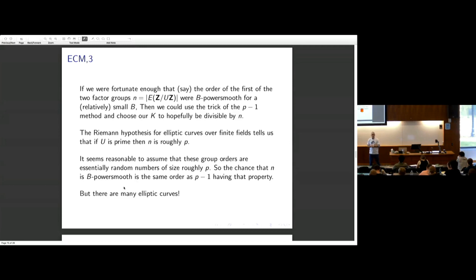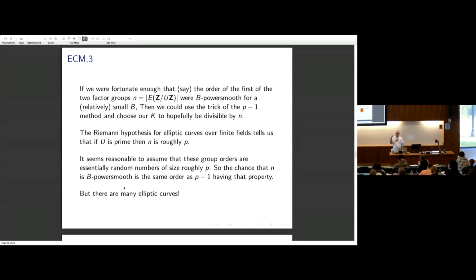So we're going to assume that the numbers that you get as orders of groups of points on elliptic curves mod p, where p is large, are just as likely to be smooth as any other number of that size. And then the difference between the elliptic curve method and the p-1 method is, with the p-1 method, if your n had a prime factor p and p-1 wasn't smooth, you were done.